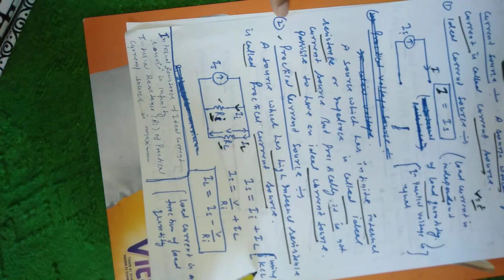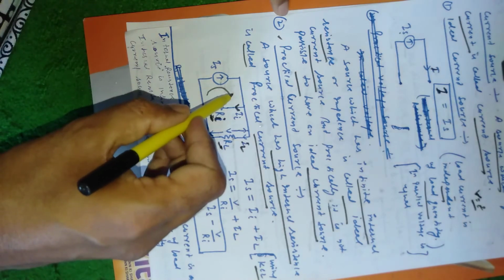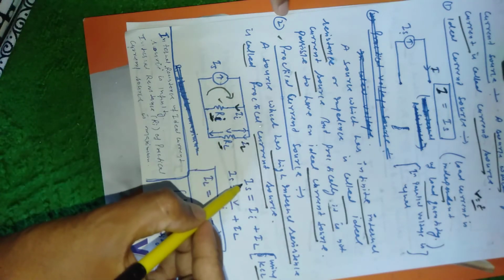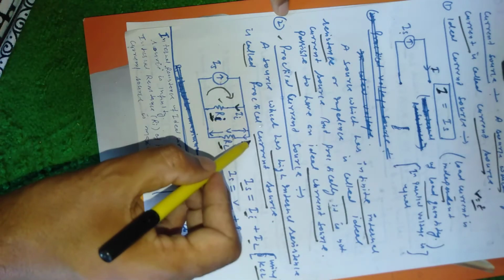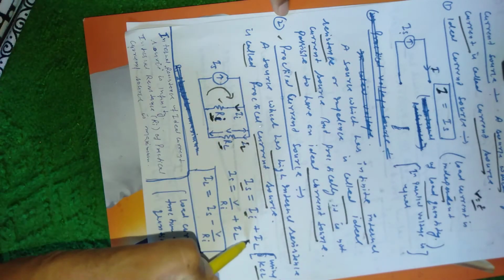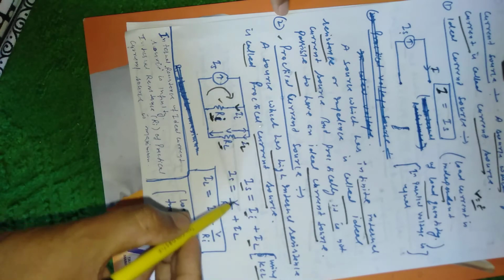Therefore, by using KCL, Kirchhoff's current law, IS is equal to the current flowing here, II, plus the current flowing here, IL.